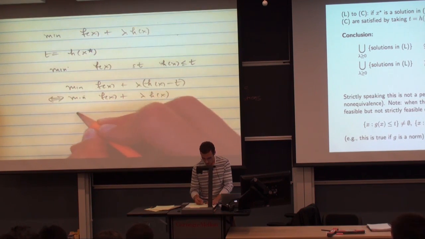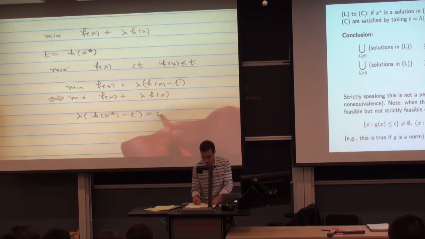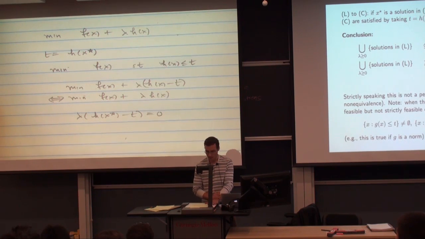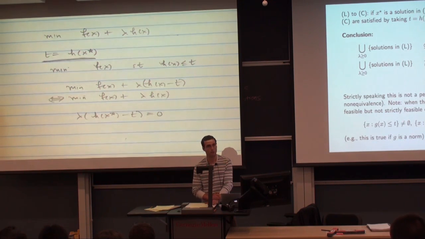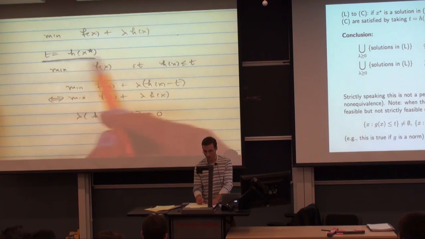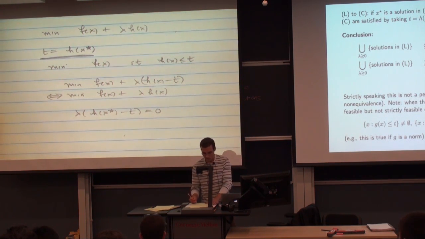That tells us that lambda times h of x star minus t is 0. Well, that's true because I defined t to be equal to h of x star. That was the proposed bound for my bound problem. And primal feasibility clearly holds because of the fact that I defined t to be like this, and for dual feasibility we have no inequality constraints. So I satisfy the KKT conditions, and therefore x star is also a solution of this problem.